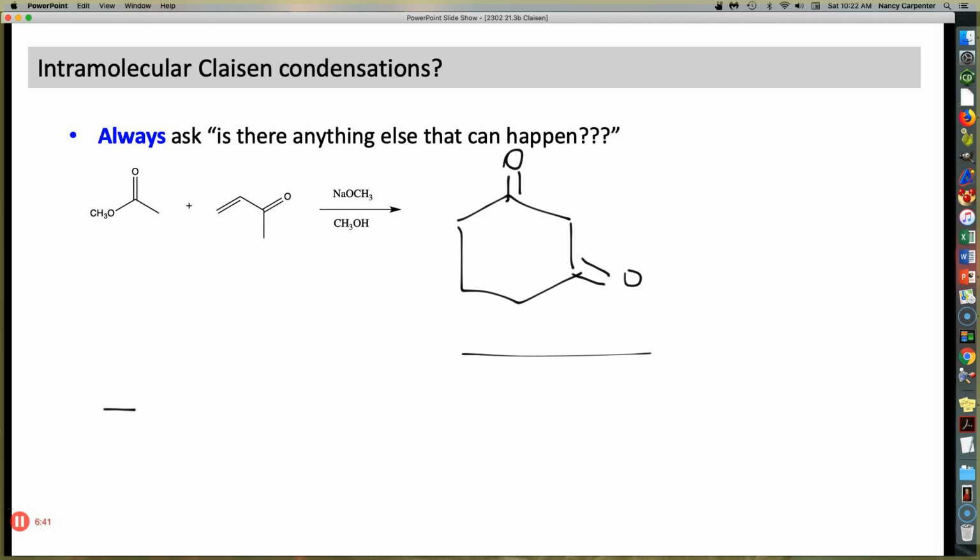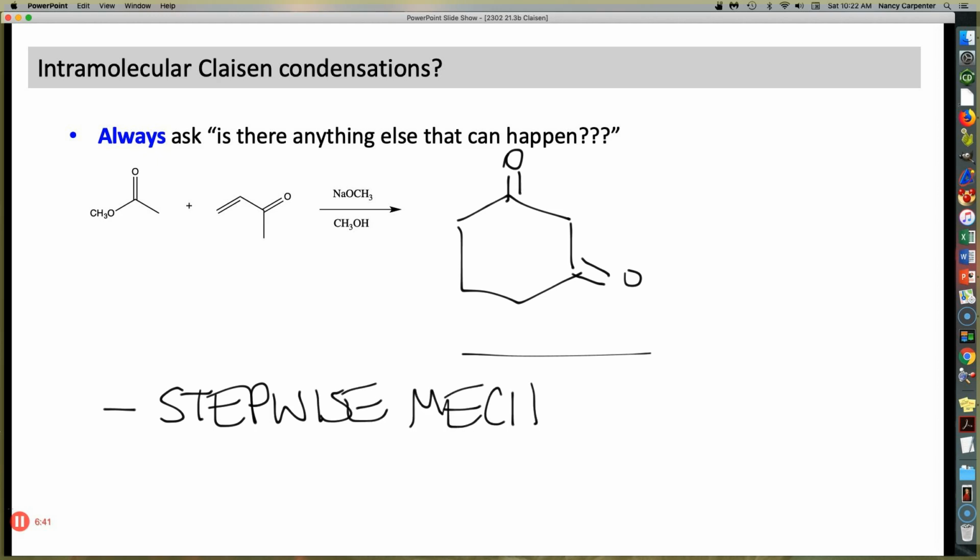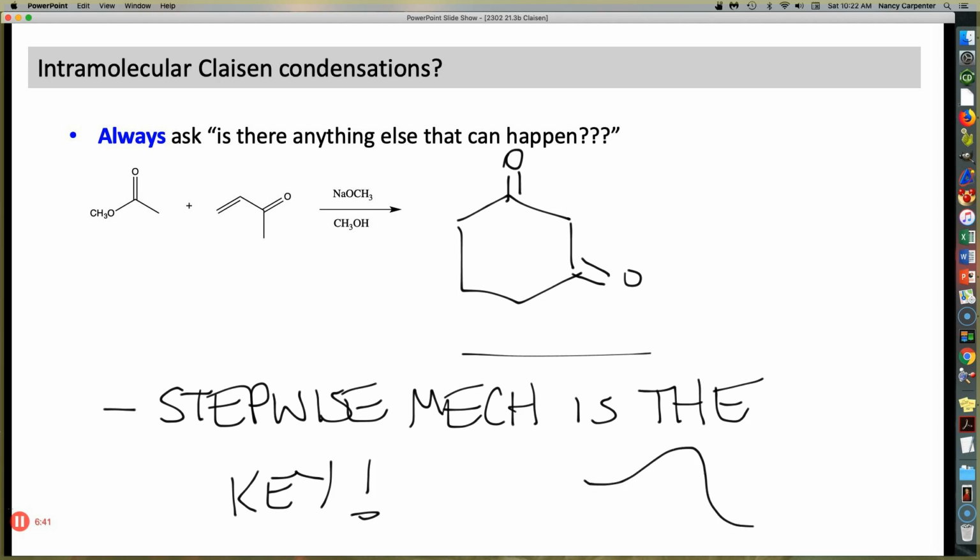But remember, stepwise mechanism is the key. Show all intermediates so that you can see what might happen next. You ultimately want to get down to a nice, stable final product.